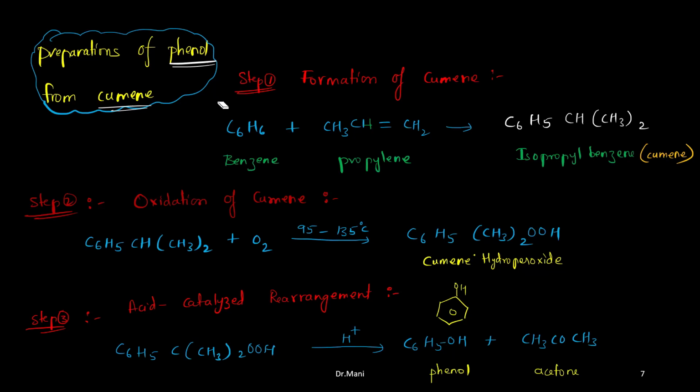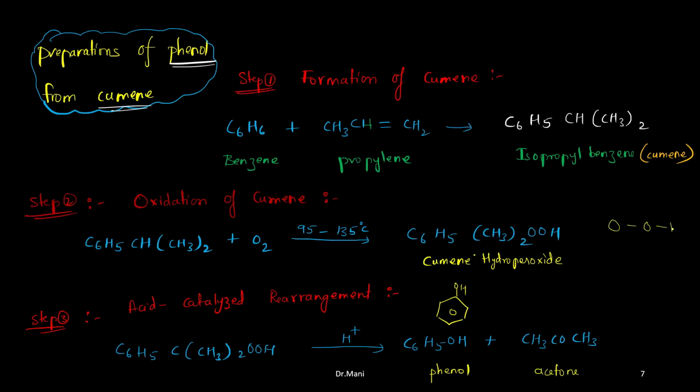Remember, this will happen in a 3-step process. Step 1, the formation of cumene: you take benzene, react with propylene, which forms isopropyl benzene, nothing but cumene. Step 2, you oxidize the cumene by reacting with oxygen at 95 to 135 degrees Celsius, and you get cumene hydroperoxide because it has OOH.